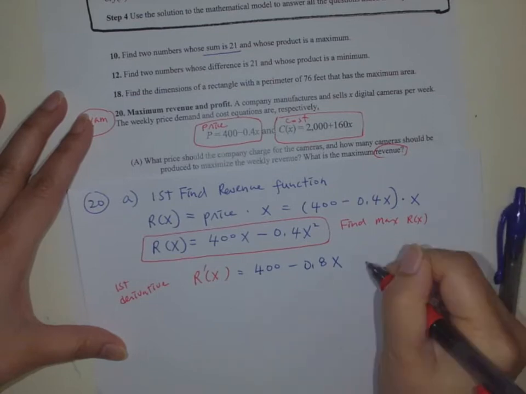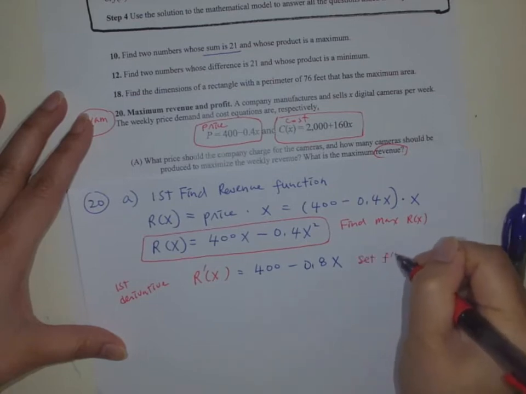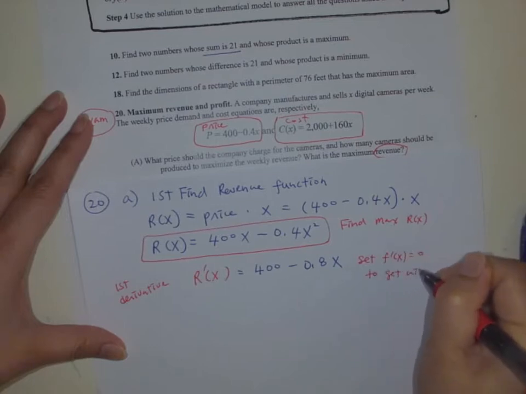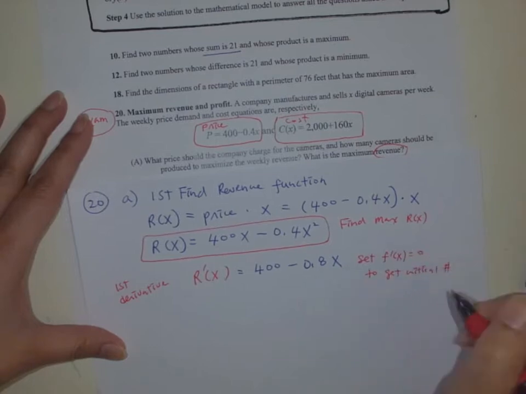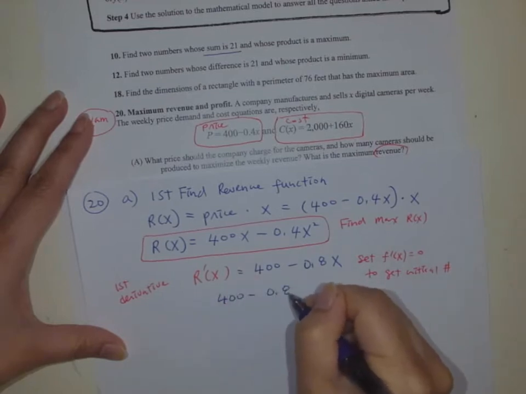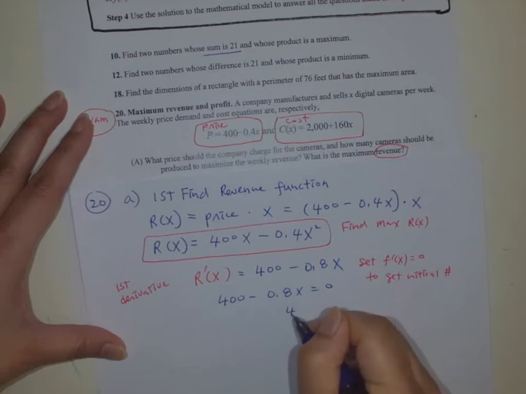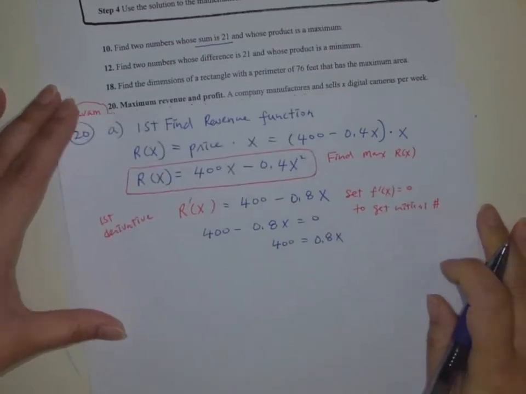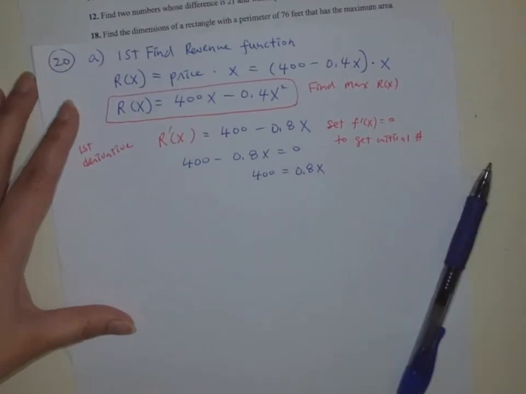We can set that equal to 0 to get the critical number. So if we have 400 minus 0.8x equal to 0, then 400 equals 0.8x. Divide both sides by 0.8.